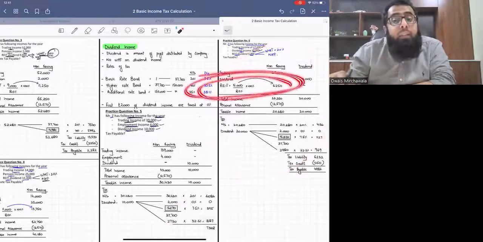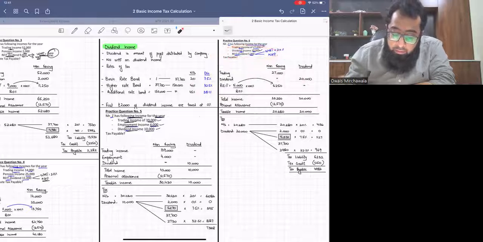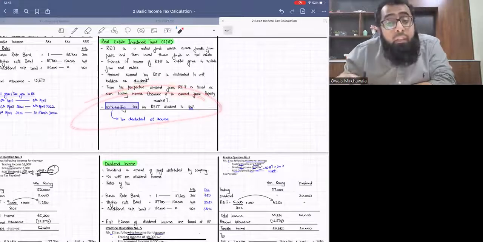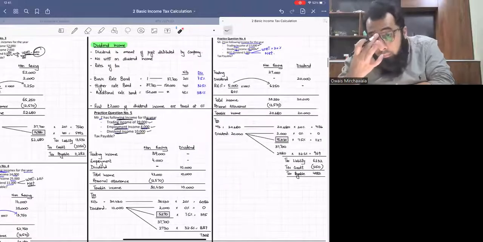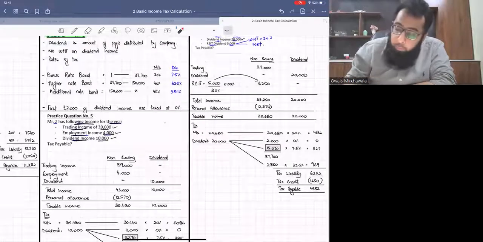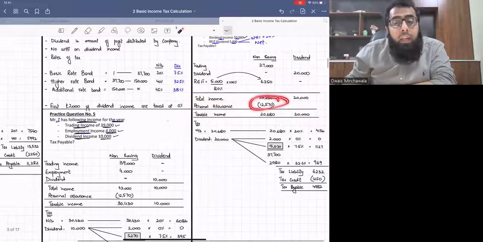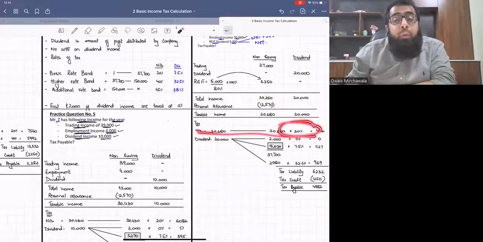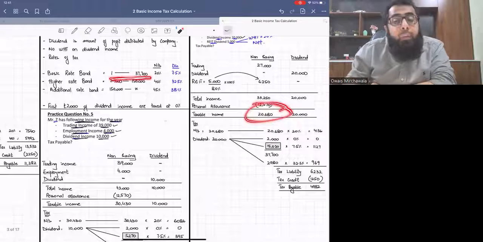In this question, same thing. There was REIT, so there was withholding tax on REIT, which we discussed in the previous class, that on REIT there is 20% withheld. Then we grossed up the REIT income, we classified the incomes, personal allowance, non-saving income goes in the basic rate band because the band is still 37,700.